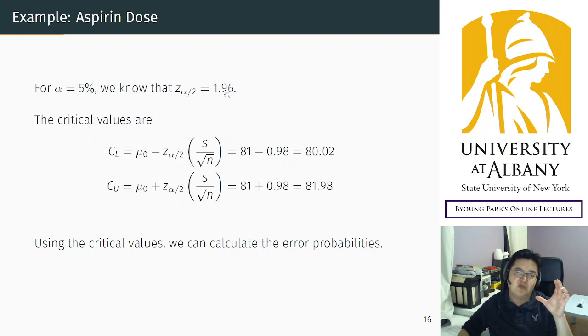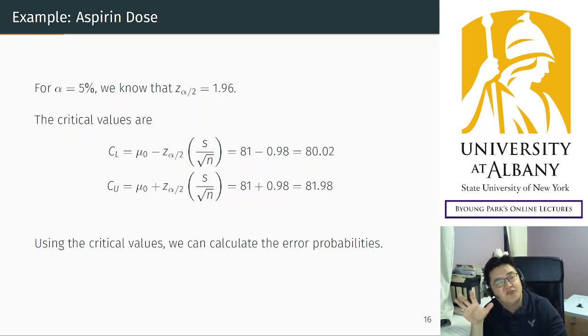Z value is 1.96, multiplied by standard deviation 5, divided by the square root of the sample size, 100. If you calculate that, you allow plus minus 0.98 milligram. That's the margin of error for the sample average. And then as a result, the critical values are 80.02 on the lower side and 81.98 on the upper end.